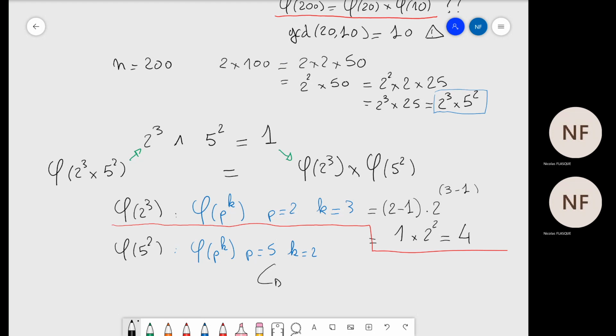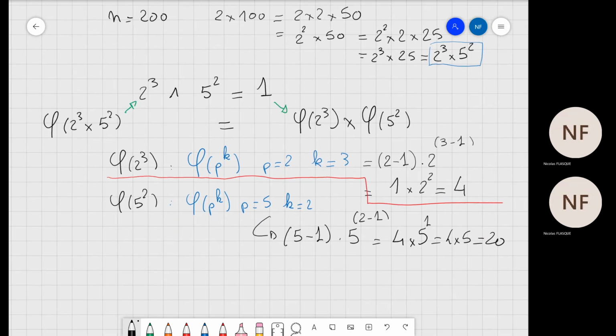So it's p minus 1, where p is equal to 5, so it's 5 minus 1, times p, which is 5, to the power of k minus 1, is equal to 4 times 5 to the power of 1, which is 4 times 5, equal to 20.